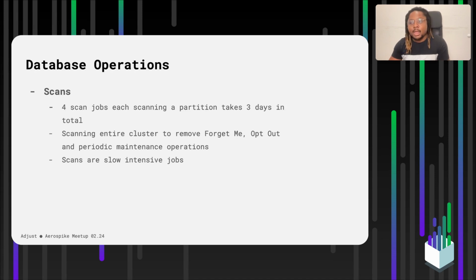When an end user clicks forget me, or when some clients leave us, we need to be able to delete all of their data, and other maintenance operations. Scanning the entire cluster takes about 3 days, and it is a very slow and intensive process because you have to scan. It takes a lot of resources to scan.